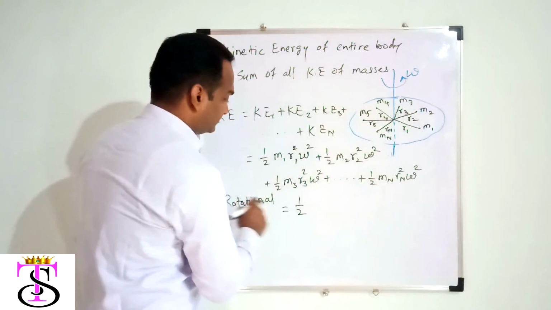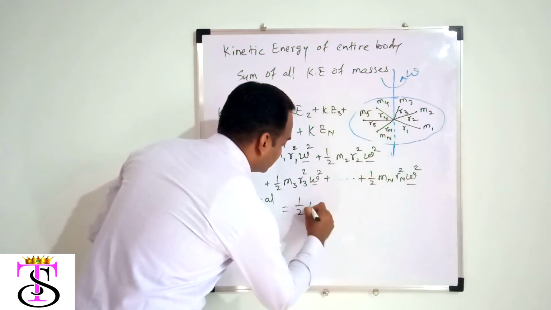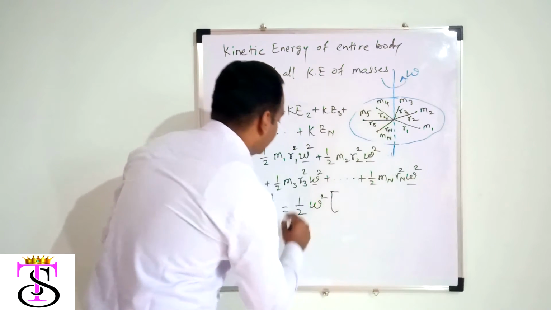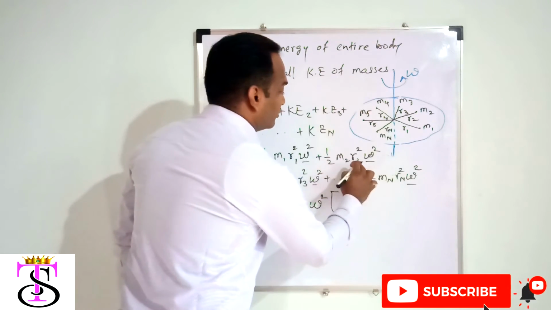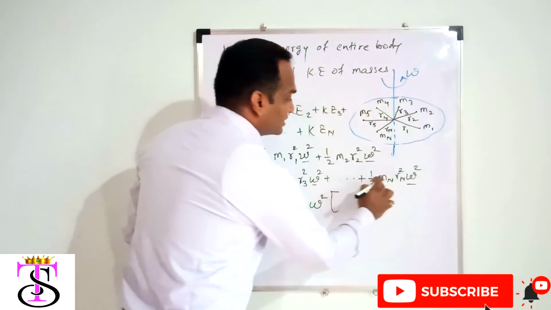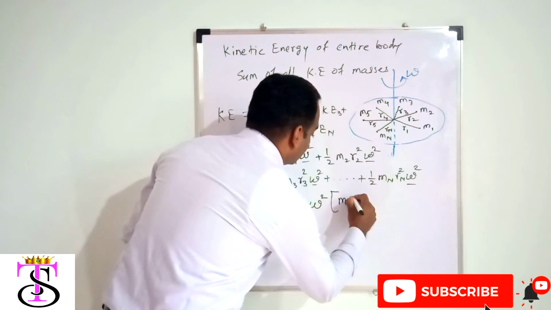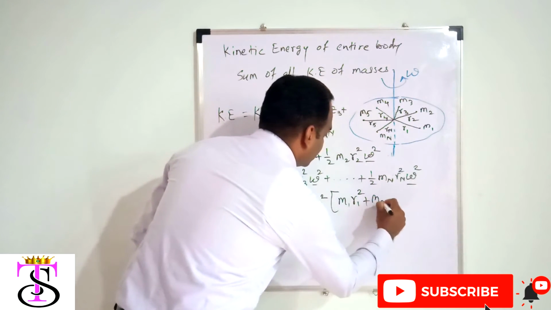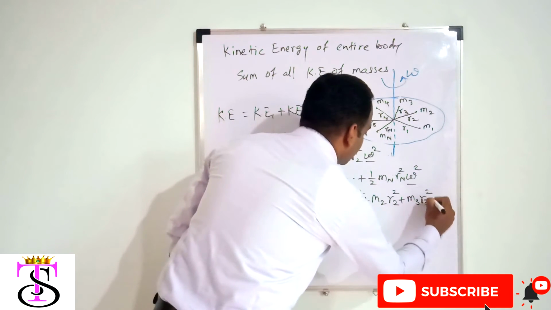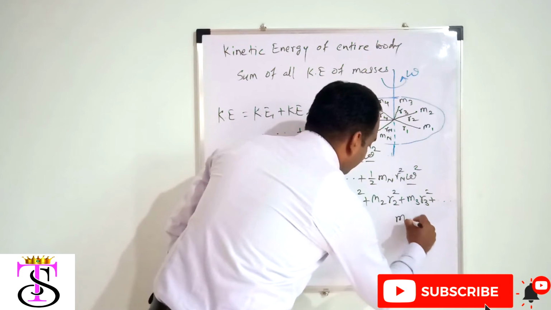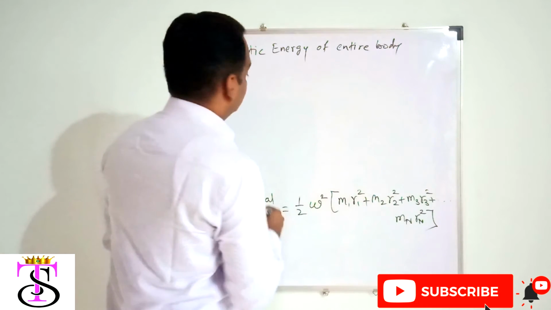We can take it common. Then omega square is also common from all the terms. Omega square into bracket we get m1 r1 square plus m2 r2 square plus m3 r3 square plus up to mn rn square.